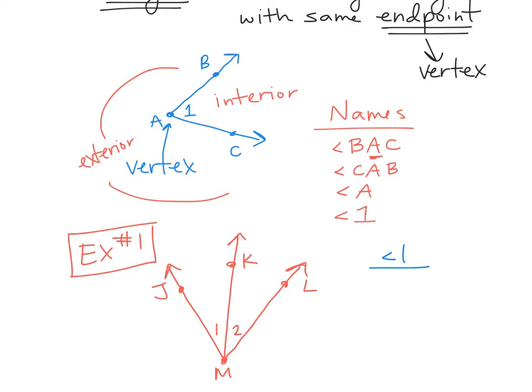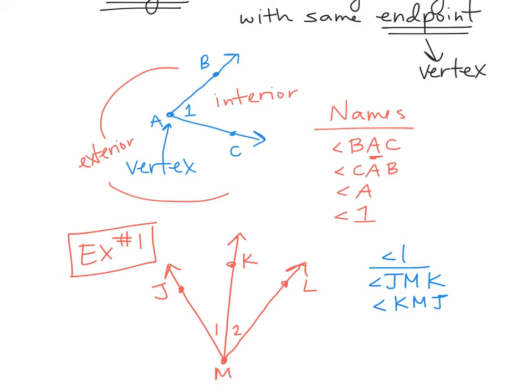How could you name angle 1? JMK would be one. So you could call it angle JMK. That's another way. Daniel. Angle KMJ. So notice M is our vertex, and M is always in the middle. Okay? Is there another way you can name that angle? Trick question. There's not another way you could name that angle.